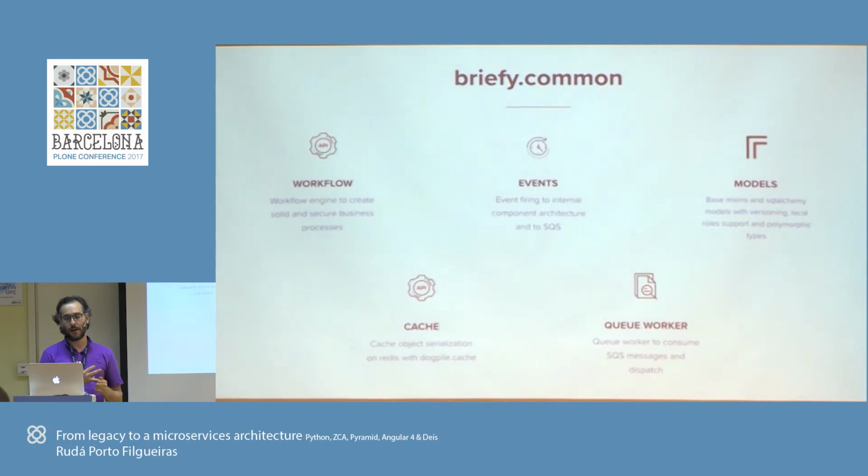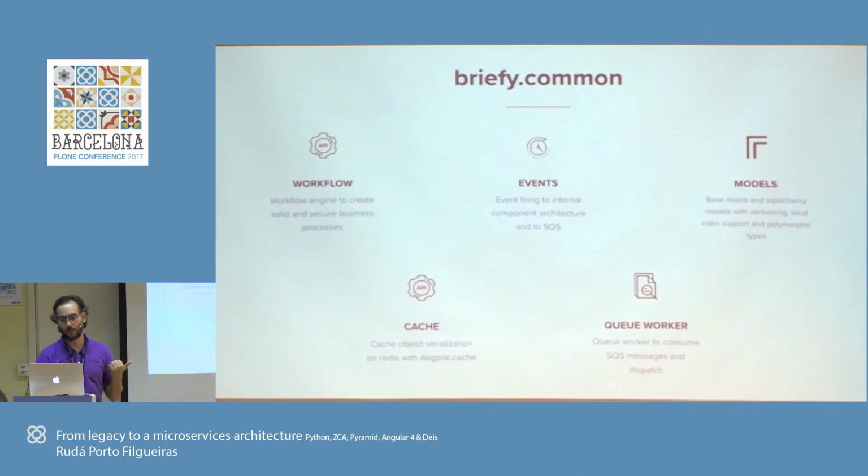We also have a cache tool because we detected that one of the most intense jobs you have to do all the time you make a request was to serialize the objects. So this was the performance bottleneck. So we created this, using Dogpile cache to automatically say, okay, every time you call this function to serialize, create a cache, and we have a huge performance improvement.